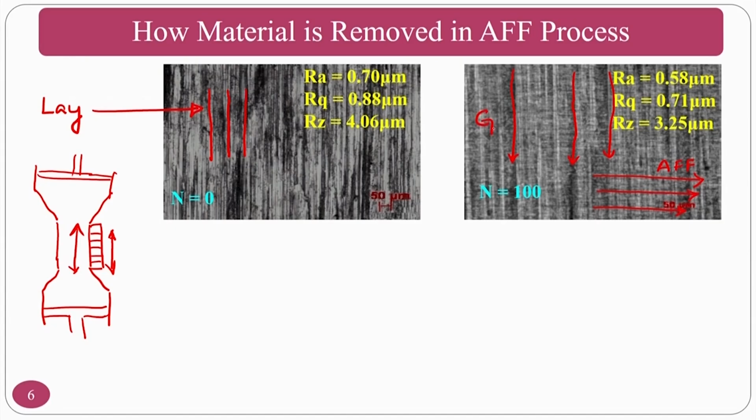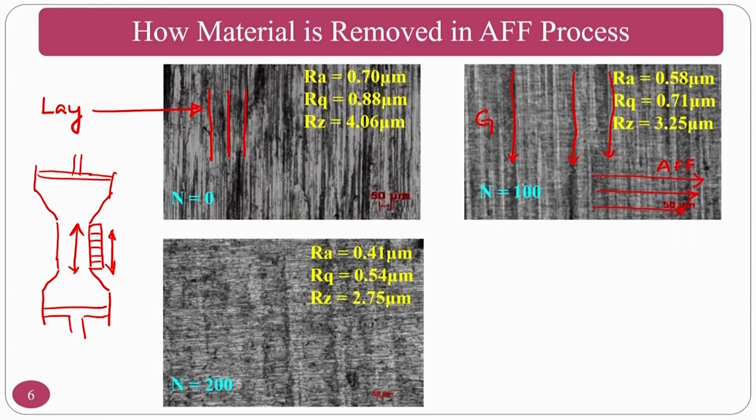Okay. So, this is how the finishing starts, or shearing of the surface peaks that are generated by the grinding process will be sheared. If you go on increasing the number of cycles by keeping the extrusion pressure and medium composition constant, the dominating shearing marks of the abrasive flow finishing process will gradually increase, and your grinding process lay directions, which are small, will go off.